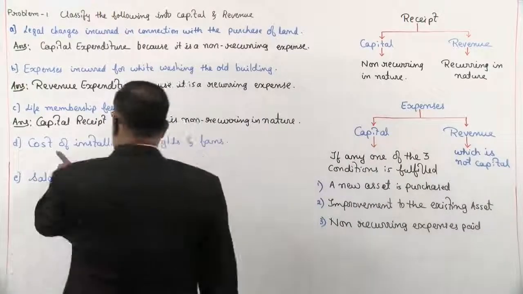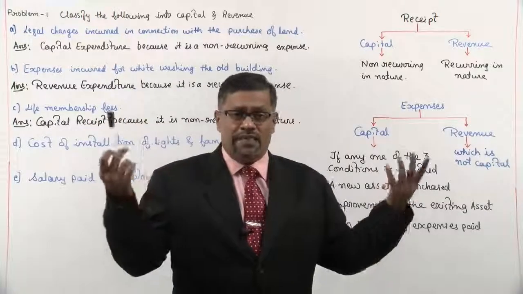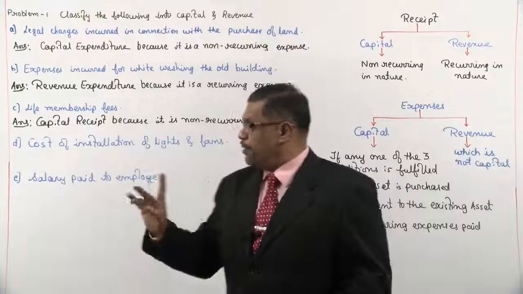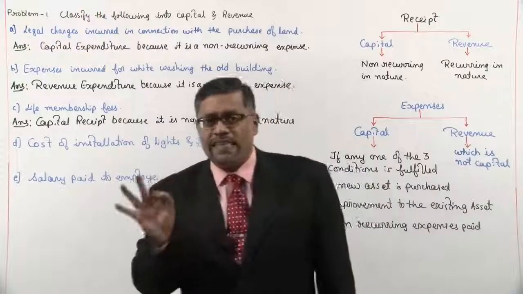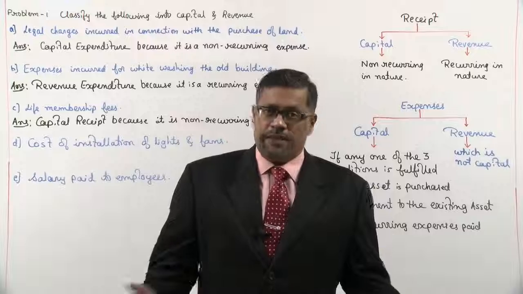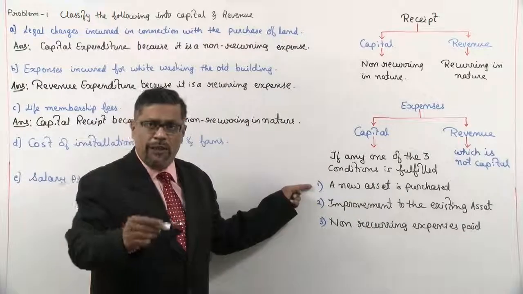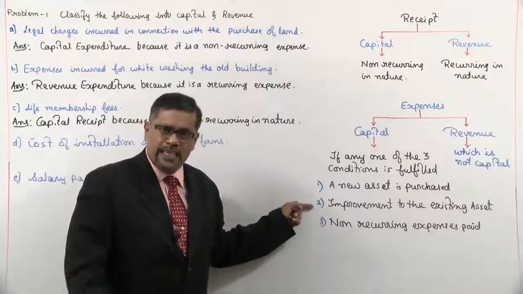The next is cost of installation of lights and fans. The cost that we incur is not the purchase of lights and fans. It is the fitting charges of lights and fans. It's an expenditure. Let's see what expenditure that is. Does a new asset come into existence only by paying the fitting charges? No. Is it improvement to the existing asset?